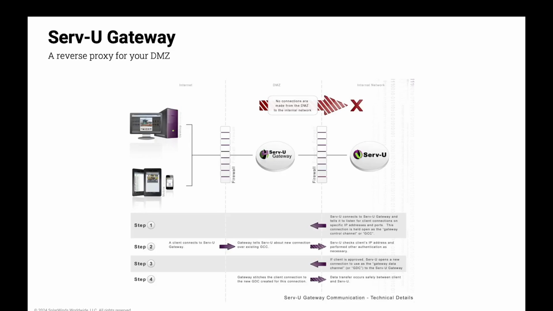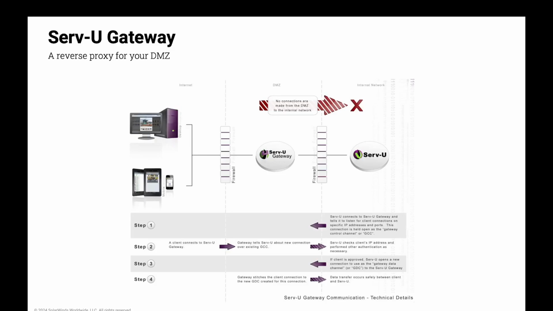When an Internet client connects to your file transfer servers, the perimeter firewall should port map to the corresponding ports on the Serv-U gateway. The Serv-U gateway tells Serv-U about new connections over the gateway control channel. Serv-U can check the client IP address against an access control list and performs any other authentication as necessary. If the client is approved, Serv-U opens a new connection to the Serv-U gateway called the gateway data channel.